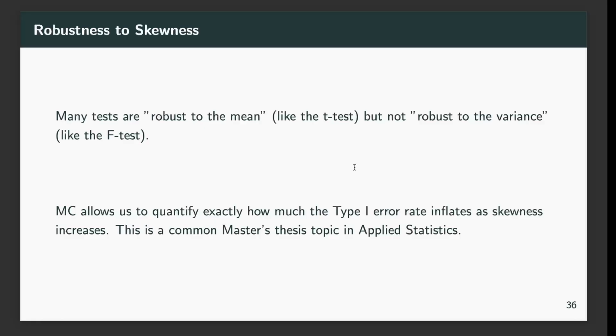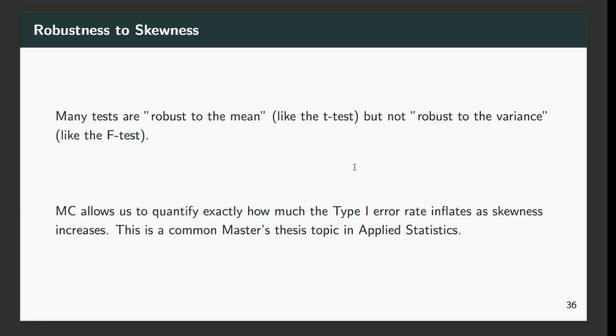This is because the central limit theorem provides approximate normality for the sample mean, even for a non-normal population. But when the same test is applied to variance-related quantities, or tests where validity depends on variance estimation, anything related to variance, it can perform badly under non-normality.